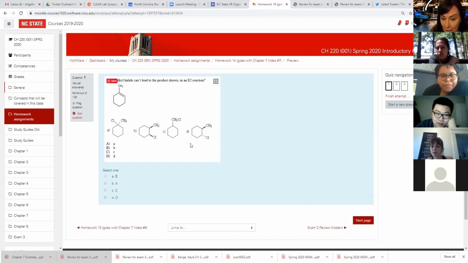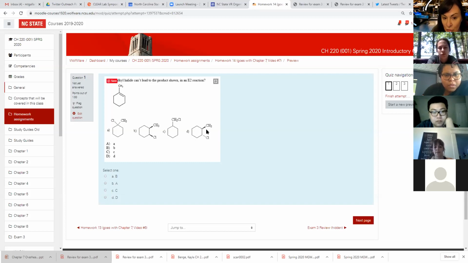You're gonna make 2 products from this reaction. You can make one here and you can make one here. Now, you're asking me, why don't we choose this carbon that has 2 hydrogens attached to it? How many hydrogens are directly attached to this carbon up here? Just one. Wouldn't that be better? Right.